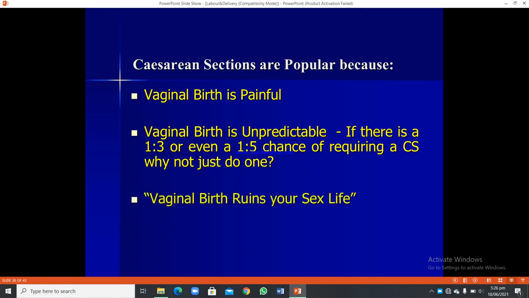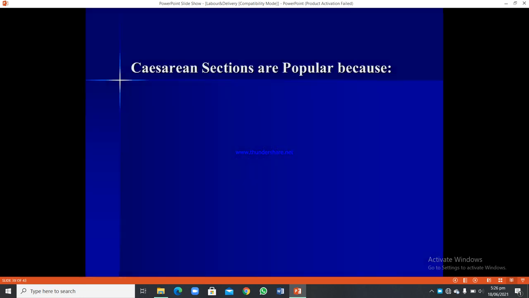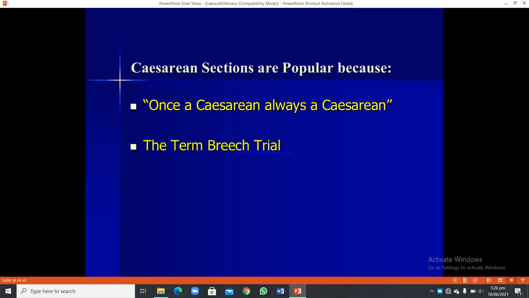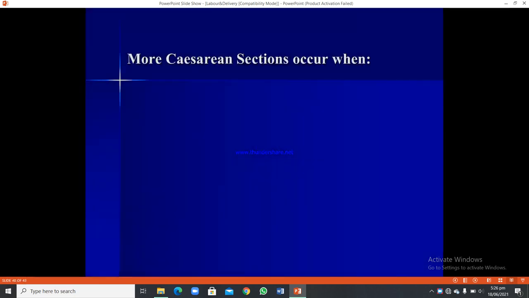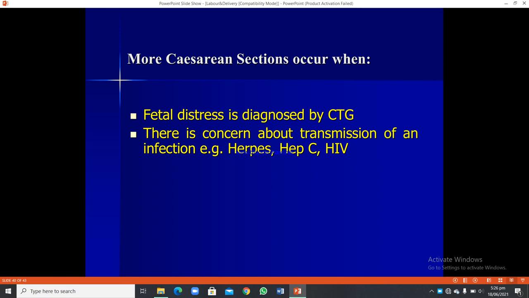Vaginal birth ruins your sex life. Vaginal birth destroys the pelvic floor. Caesarean sections are popular because once a caesarean, always a caesarean. The term breech trial, loss of obstetric skills, pressure on medical resources. More caesarean sections occur when fetal distress is diagnosed by cardiotocograph, CTG.